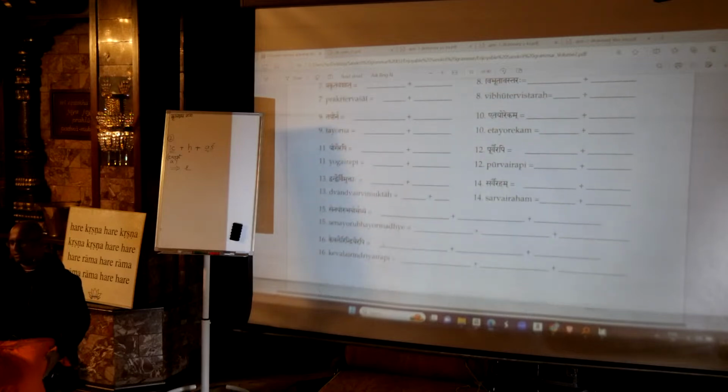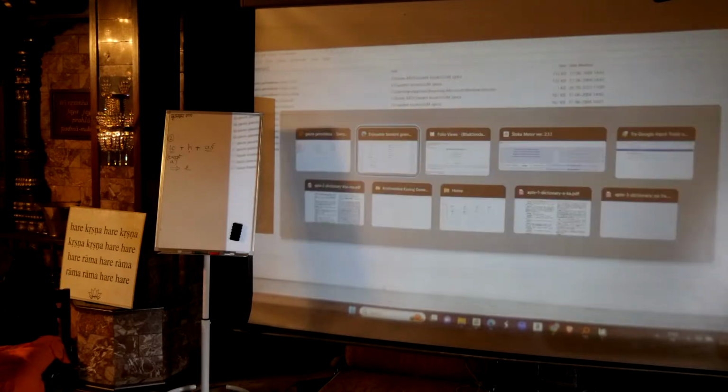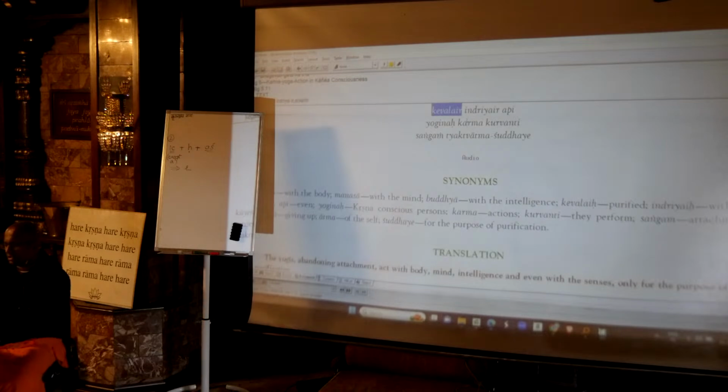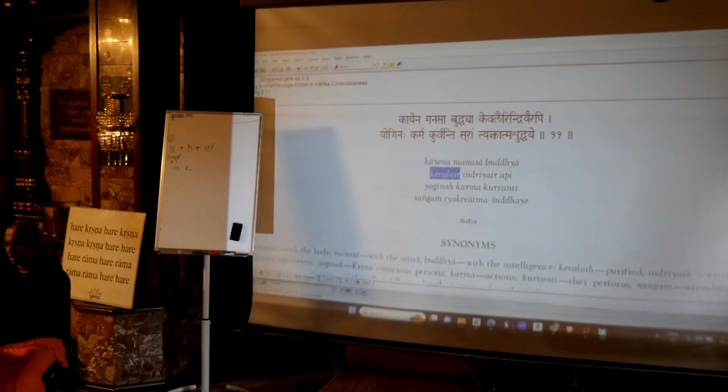Kevalayar indriyayar api. Kevalaihi indriyaihi plus api. Very nice. This is also Bhagavad Gita. Whenever in the shloka you will see it is sandhi pada. You will not see it without sandhi, because as I told you, sandhi is a must when it comes to shloka. Kayena manasa buddhya kevalayar indriyayar api yoginah karma kurvanti sangam tyaktva atma shuddhaye.